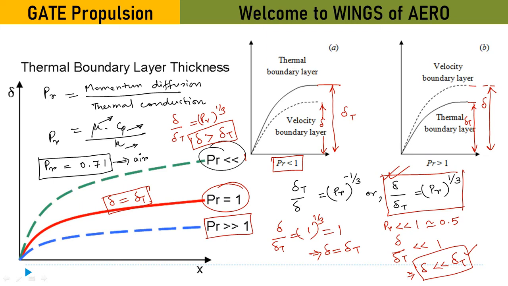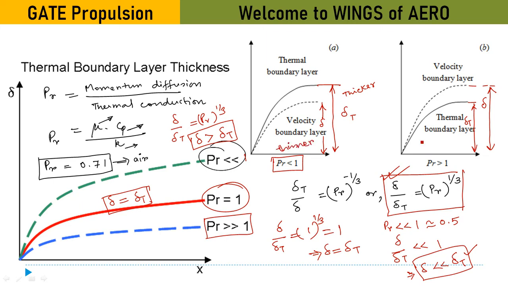Obviously the thicker one is thermal boundary layer, this one. Which is thinner? In this case thinner is velocity boundary layer. Similarly, at this condition, when the Prandtl number is less than 1, which is thinner here? Here the thinner is thermal boundary layer and thicker is velocity boundary layer.